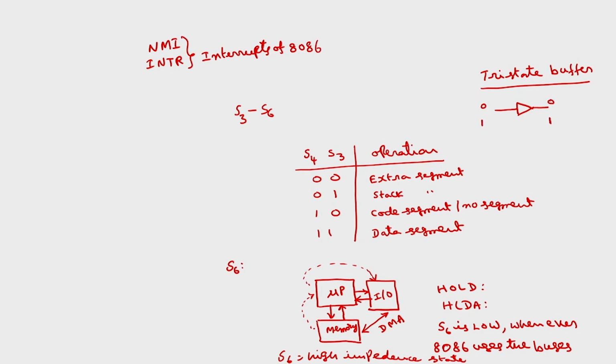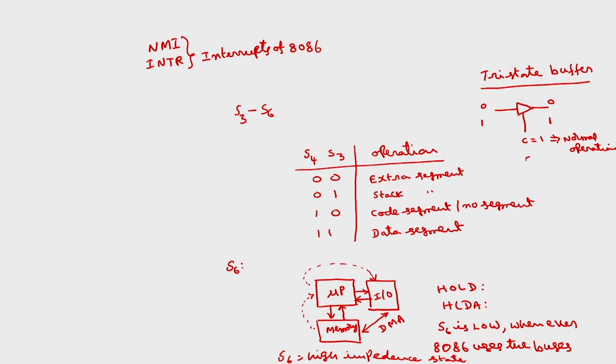There are two states, logic 0 and logic 1. This is called a two-state buffer. If I want tri-state, I have to incorporate one more control signal C here. This is tri-state. If C is equal to 1, normal operation: if input is 0, output is also 0, if input is 1, output is 1.